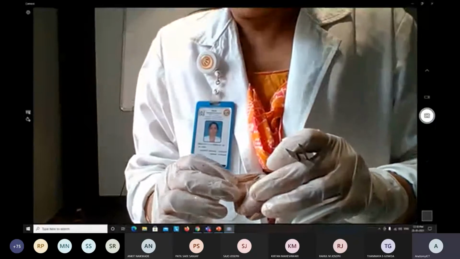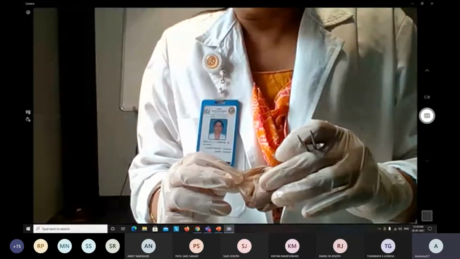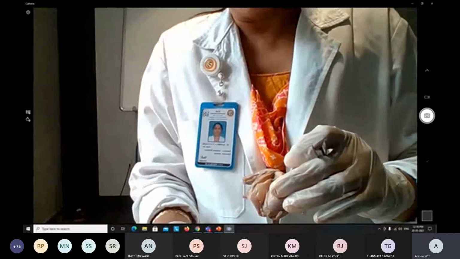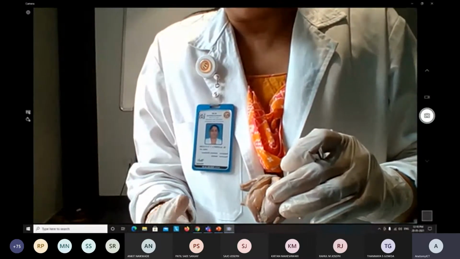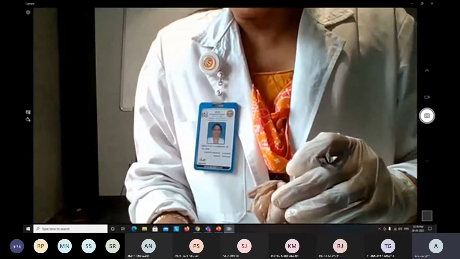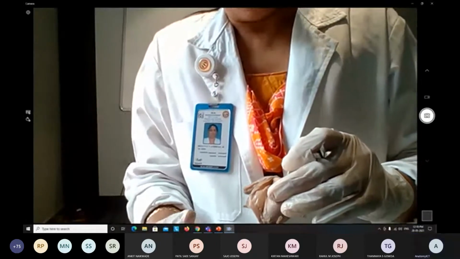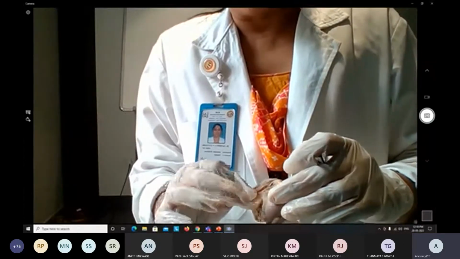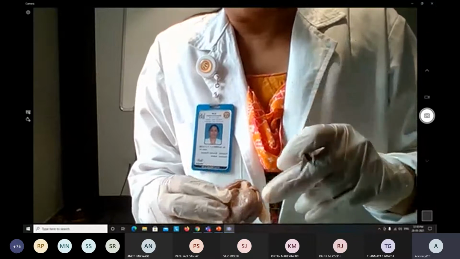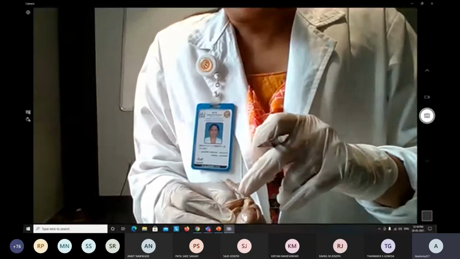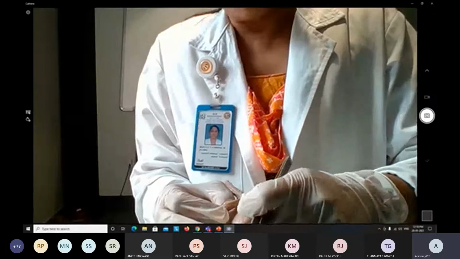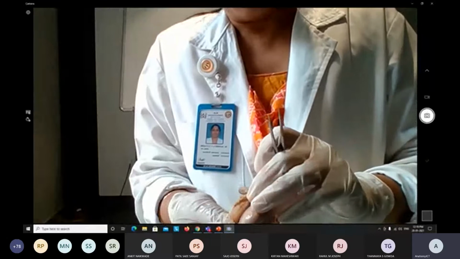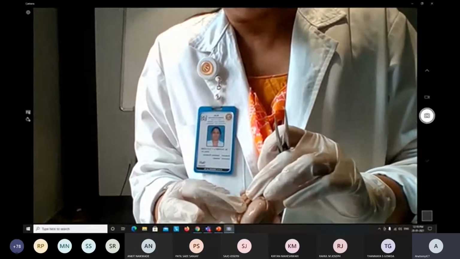Or sometimes the processus vaginalis persists, carrying contents of the abdomen, a congenital variation, and it may lead to a congenital hernia, extending from the inguinal canal through the spermatic cord up to the base of the scrotum.